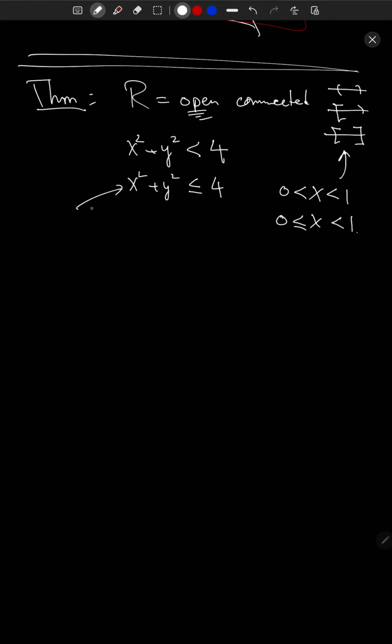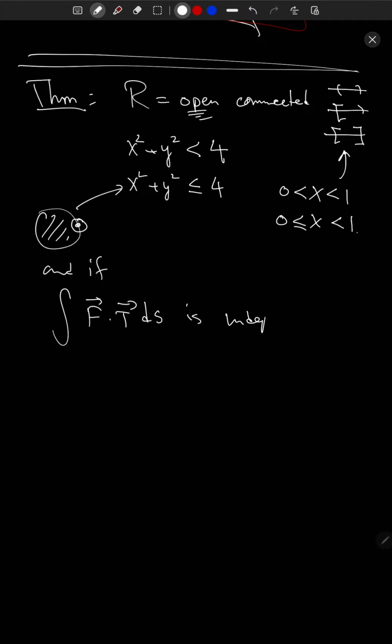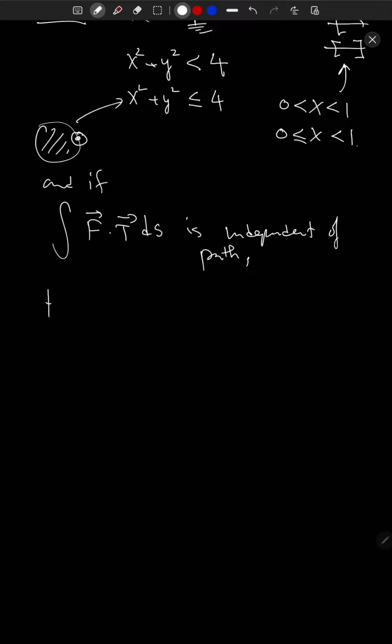That doesn't work for this case because on the boundary right there, there's no tiny little ball that lives entirely in the region. In any case, if R is open and connected, and if the integral of f dot t ds is independent of path, then f is conservative.